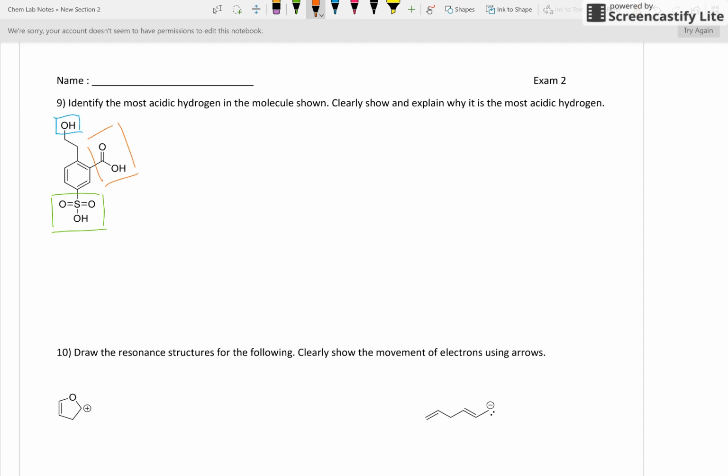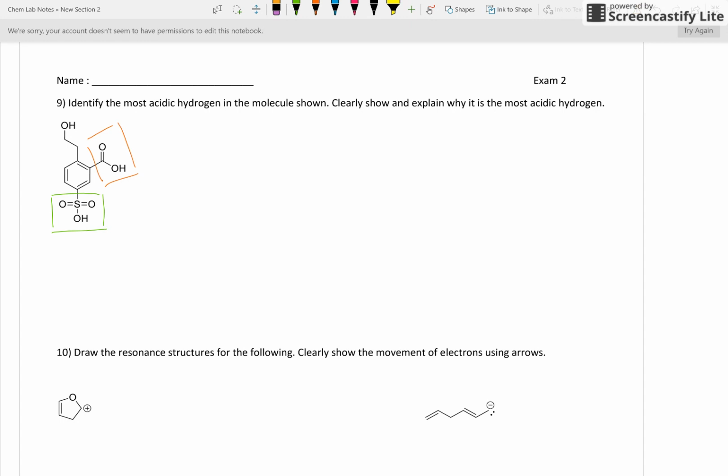So if we look at our pKa tables, we can see that there's a large difference between the acidity of an alcohol versus a carboxylic acid. And so let's eliminate our alcohol there, because there is too large of a difference for the alcohol to be the most acidic in this case.